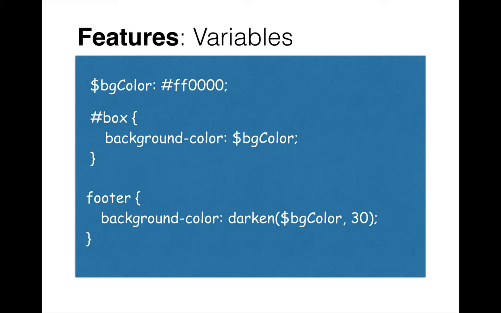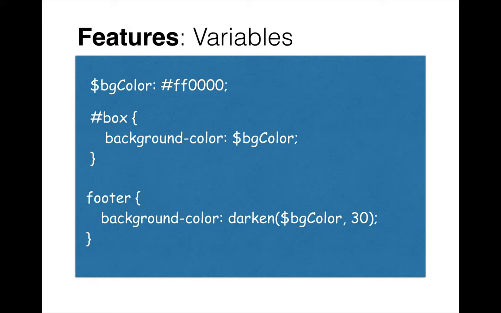And this is very useful in case you are using a web color palette, where you start from a main color and then make degradations of this color. You can use darken 30% and 20%, and lighten 30%, which will make the color lighter. And this is how variables work.